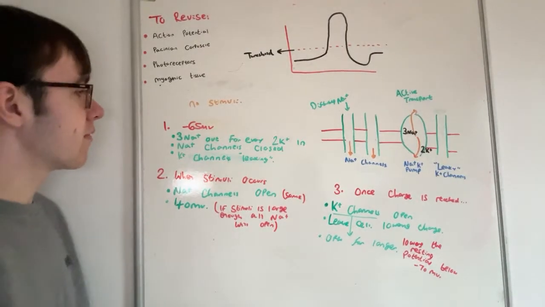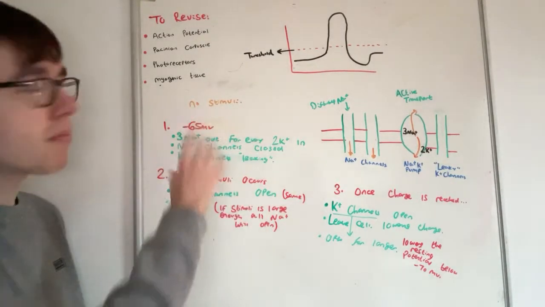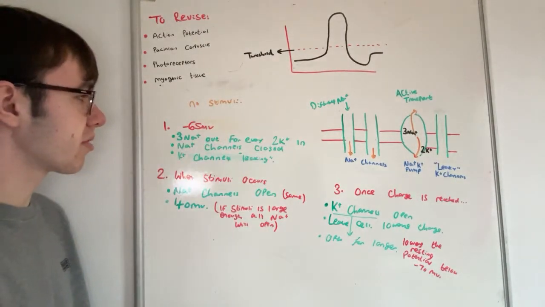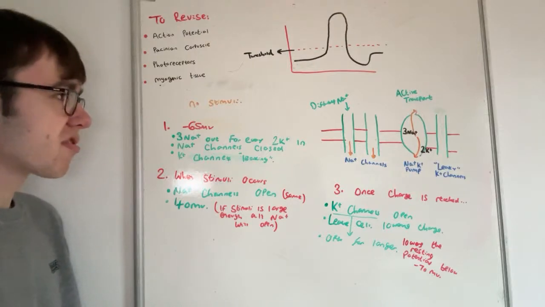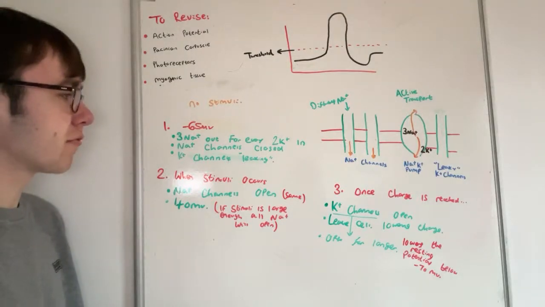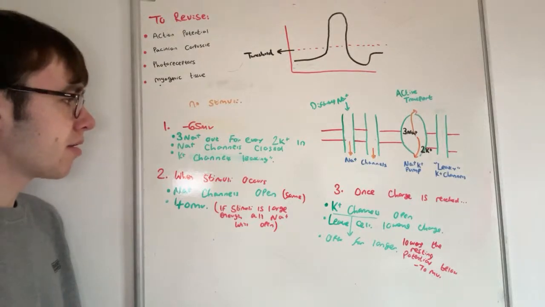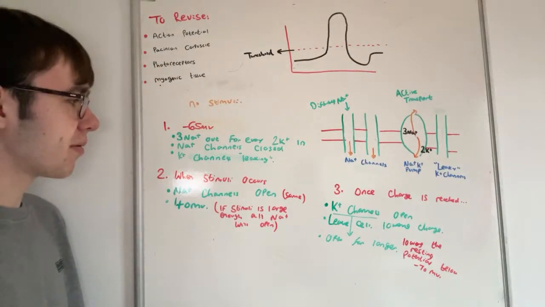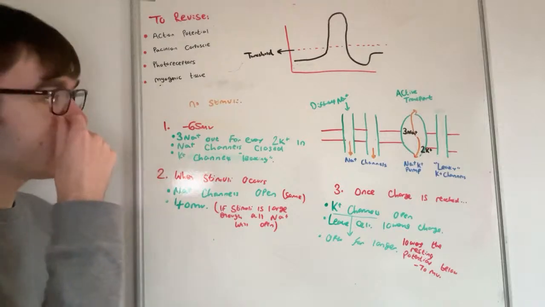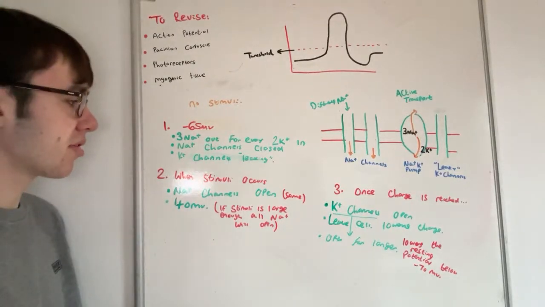So to begin with, when there's no stimuli, we have this minus 65 millivolt resting potential. The sodium potassium pump is pumping out 3 sodium for every 2 potassium in. The sodium ion channels are closed, and the potassium ion channels are leaking out potassium.